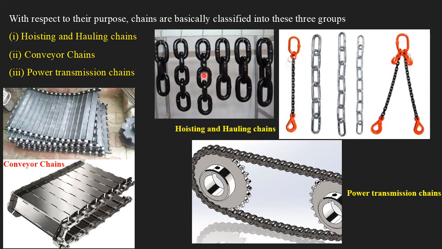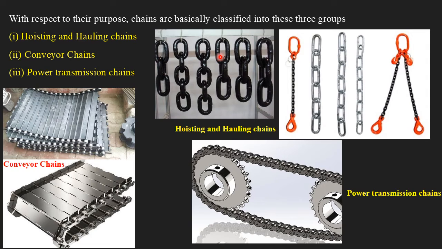In anchors, the size will be very large, not small sizes, but very large chain links, especially in anchoring of ships, right? How the operation takes place when anchoring or raising the anchor, and what the size of the chains is, you can get from the internet. In such applications also we can use these types of chains.